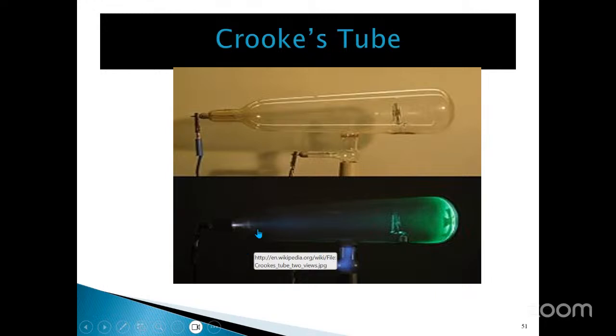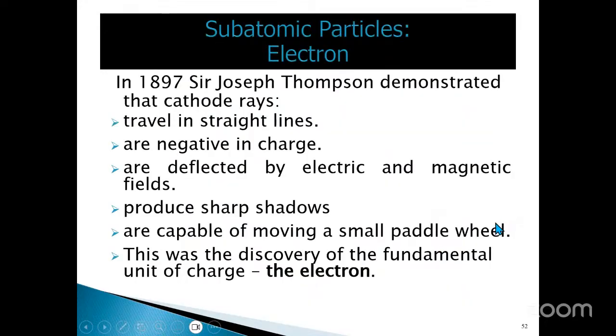As always happens in science, when somebody comes up with a new discovery, everybody rushes in to try to determine other factors or functions that can be derived. Other people came in, played around with this, and determined the nature of these particles. The name given to these particles is electrons. That's how the electrons we now know were discovered.